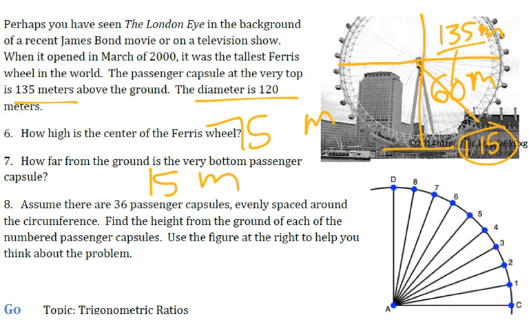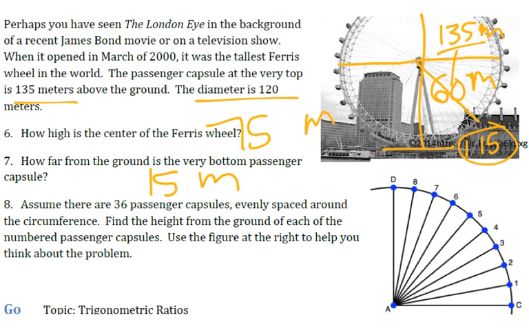Now, A: assume there are 36 passenger capsules evenly spaced around the circumference. Find the height from the ground of each of the numbered passenger capsules. Use the figure on the right to help you think about the problem. So what we're doing here is making those triangles again, only this time you're making more.